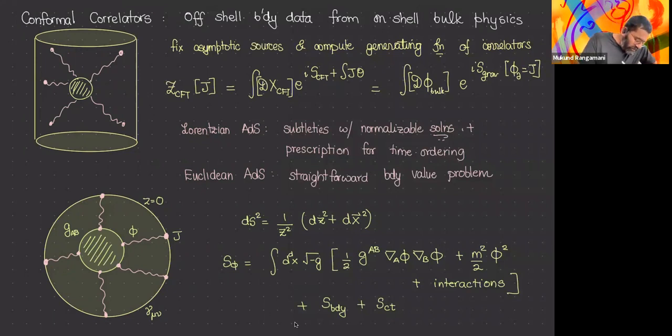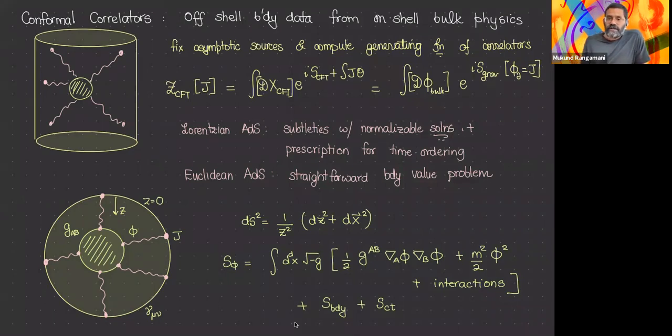So the radial direction goes in, z is my radial coordinate, and z equals 0 is the boundary in this Euclidean AdS, which I'm using in these Poincare coordinates. And then there's some interaction. The nature of the interaction depends on what bulk theory I consider.